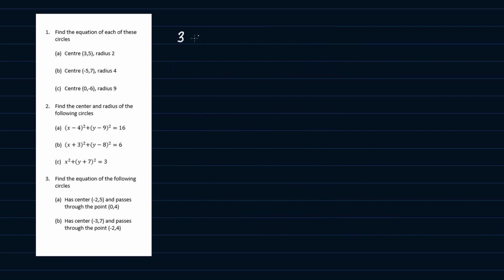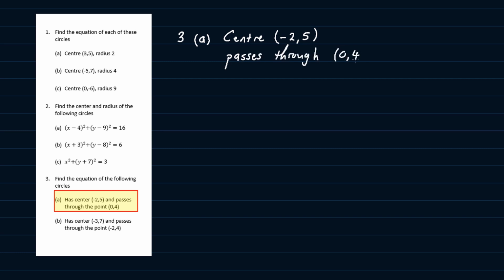On number 3, part A. Find the equation of the following circles. On A, the center is minus 2, 5, and it passes through the point 0, 4.